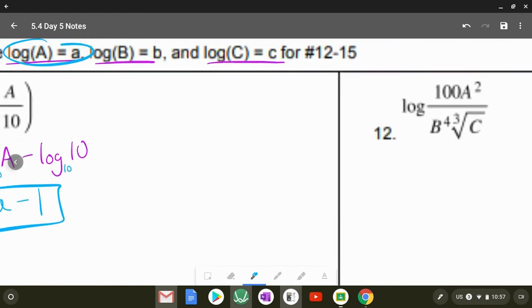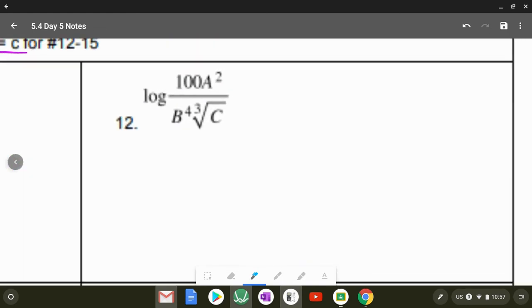If we take a look at number 12, again, the first thing you got to do is expand it as much as you can. So we're going to go ahead and say log of 100. Anything being multiplied in the numerator is going to be added. So log base 10 of A squared. Anything in the denominator is going to be subtracted. It's a 1/3 root.